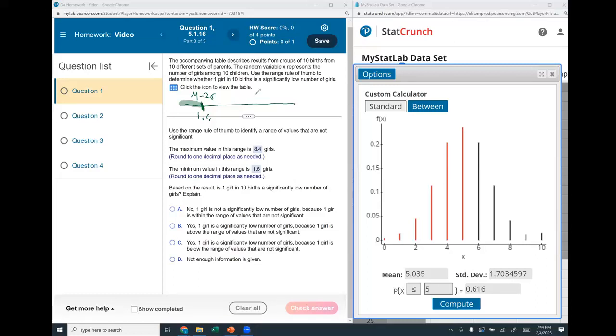I think that would help. So right here, this is 8.4, and this is mu plus 2 sigma, and anything out here is significantly high. So what is that telling me? It's telling me that between here and here is not significantly anything. It's just normal, okay?